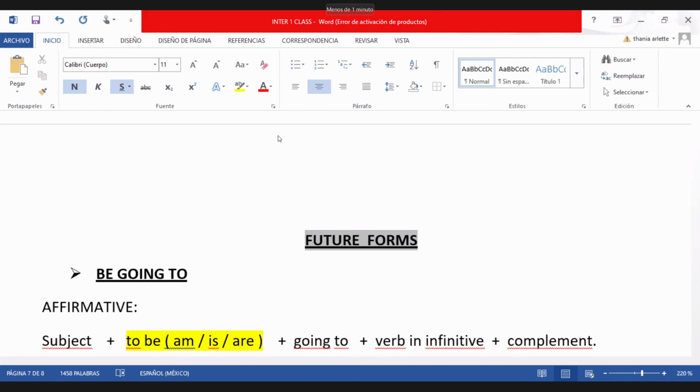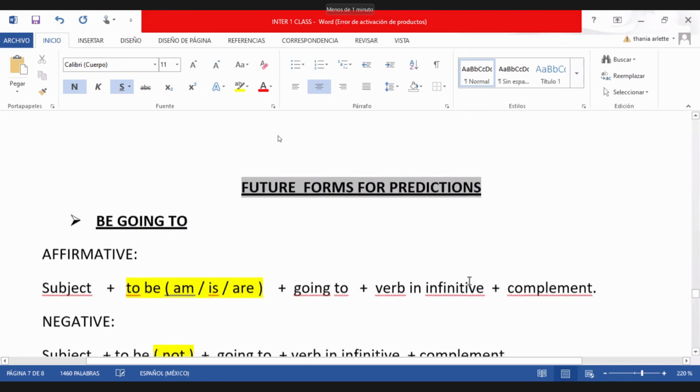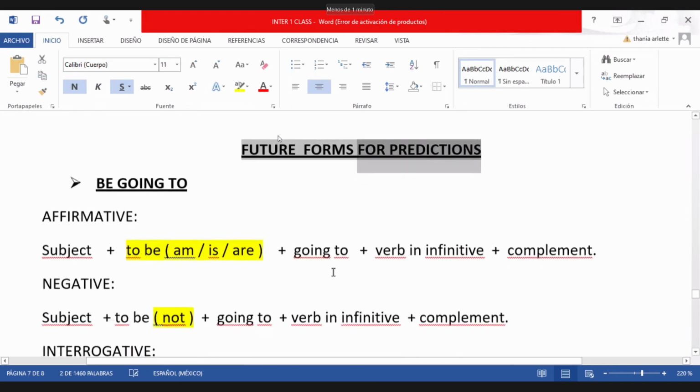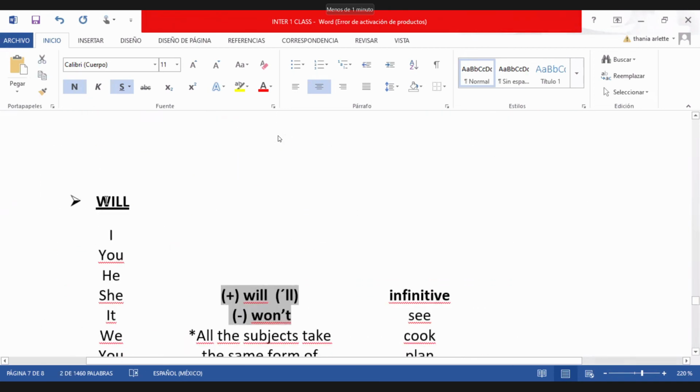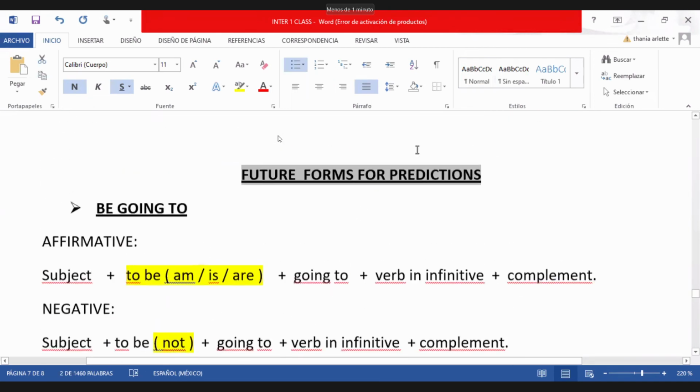Predictions? Yes, Brenda. For predictions. Very good. Capital letters. Future forms for predictions. Okay. Yes, we use be going to for future plans, but another use of be going to is for predictions. And another use of will is for predictions too.